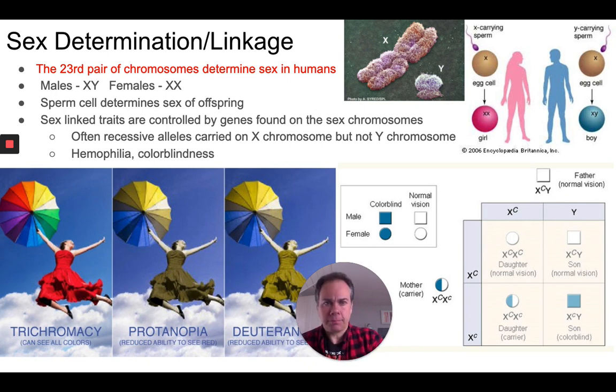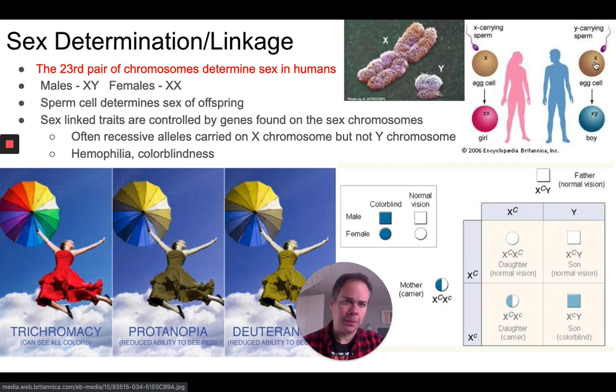And if we look here, sperm cells can either be carrying the X or the Y. If an X-carrying sperm cell fertilizes an egg, the result is female sex chromosomes, XX. If a Y-carrying sperm cell fertilizes the egg, then you have male sex determination.